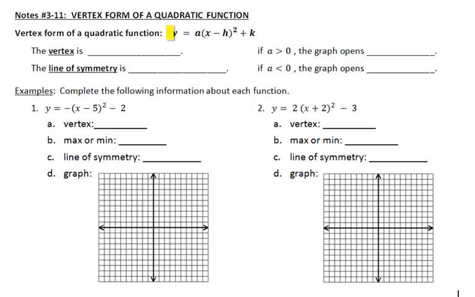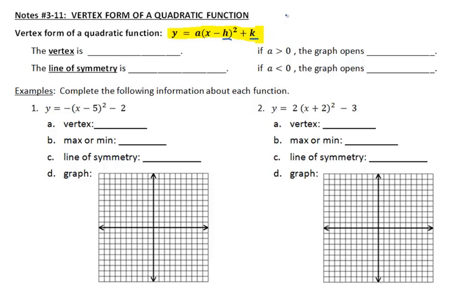The vertex form is written as y equals a times x minus h squared plus k. The h and the k give us a special point. The h is the x coordinate of the vertex, and the k is the y coordinate.